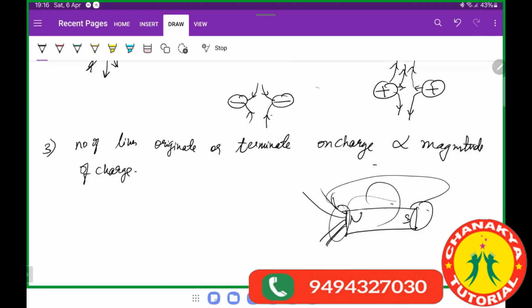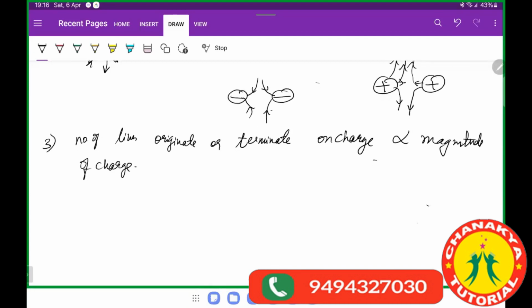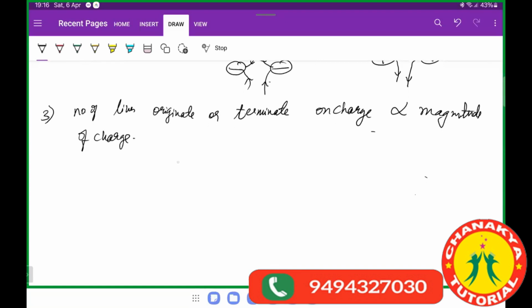In the same way, at the charge it will be higher compared to other places. As the magnitude of charge increases, the number of lines also increases. So charge is proportional to N: Q1 by Q2 equals N1 by N2. They are directly proportional.